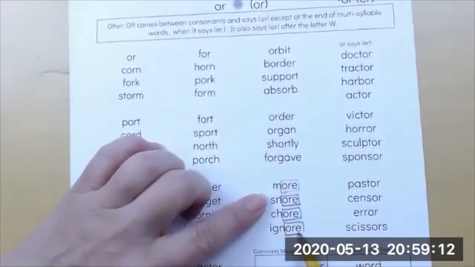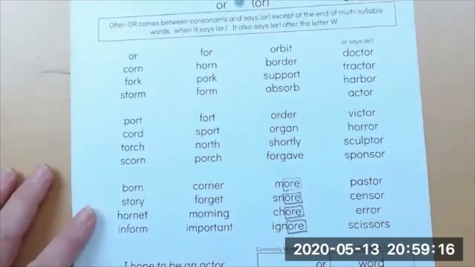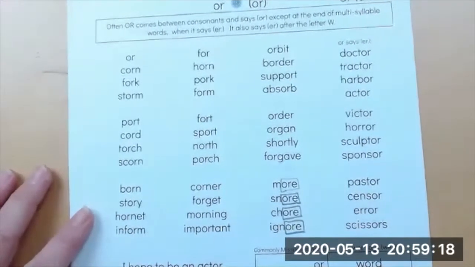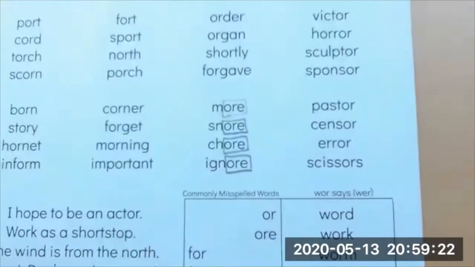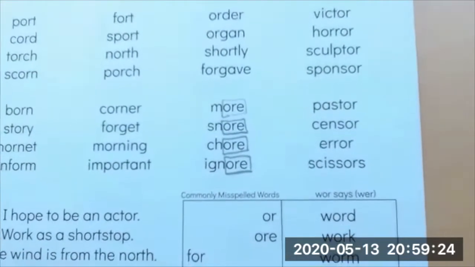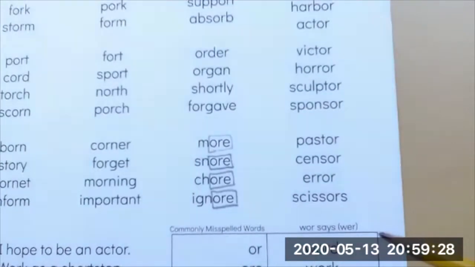Boxing is another strategy that you can use. Maybe the children don't have highlighters or markers that you're working with. It's okay. Underlining and boxing do the same thing for the brain as highlighting and using markers.